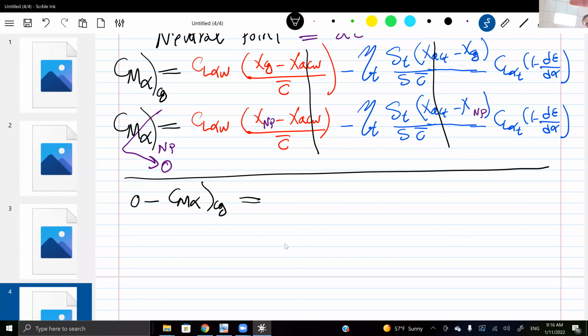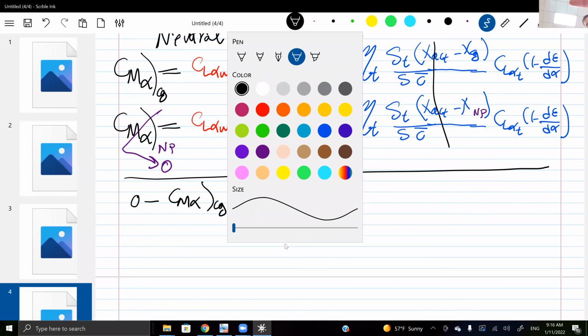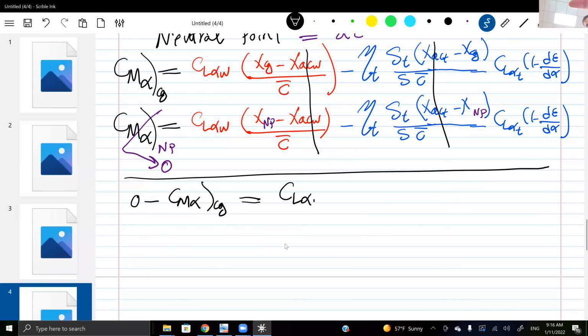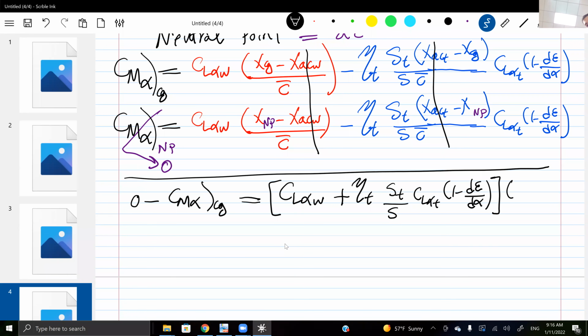So now I will have CL alpha wing from the left, and from the right, I will have eta tail. Like I said, it's negative, negative, so it's positive now. Eta tail, S tail over S, and CL alpha tail, 1 minus d epsilon by d alpha, this whole thing, times X neutral point minus XCG, over C bar.